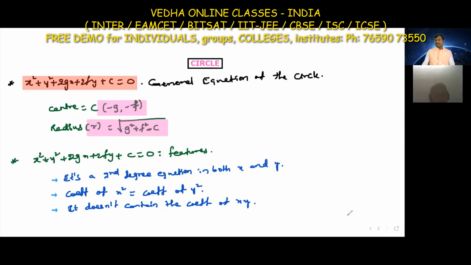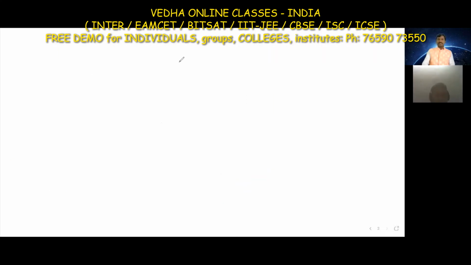Okay, so next I am going to take the next equation. Ax square plus ay square plus 2gx plus 2fy plus c is equal to 0. This is also a circle equation.